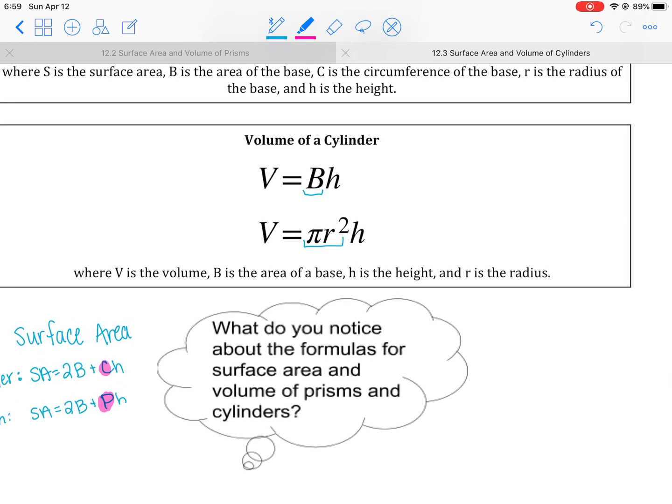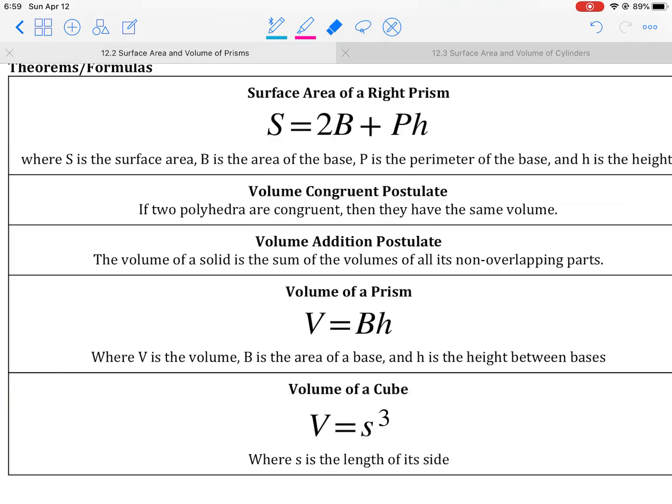Now let's look at our volume formulas. For a cylinder, volume is base times height, and we can narrow that down a little bit because the base is a circle, so that's pi r squared times the height. Now let's go back and look at the volume of a prism.